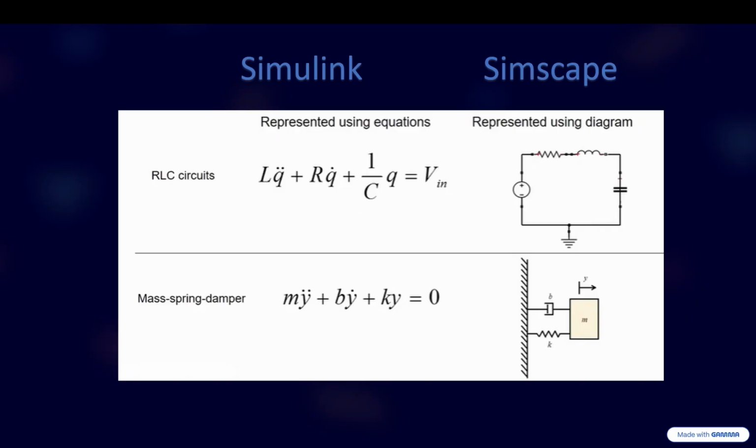On the right, we have the physical diagram, the actual circuit and mechanical model. This is how Simscape represents a system using physical components like resistors, capacitors, masses, and springs that interact through real physical laws. So in short, Simulink is about the math and signal flow, while Simscape is about the physical structure and energy flow.